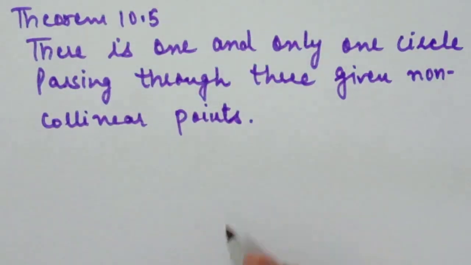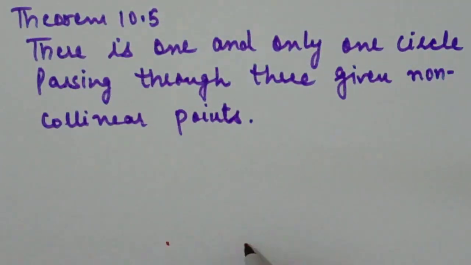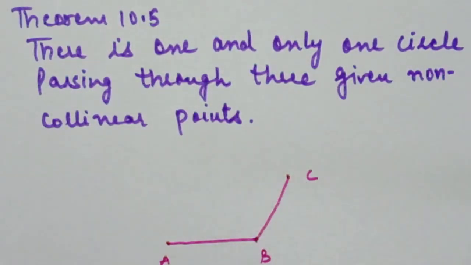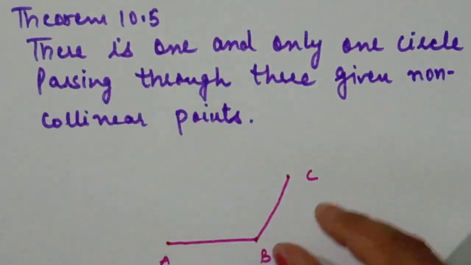First of all, we will take three non-collinear points A, B and C, because they are not present on the same straight line. Now the second step, we will join these three points like this.